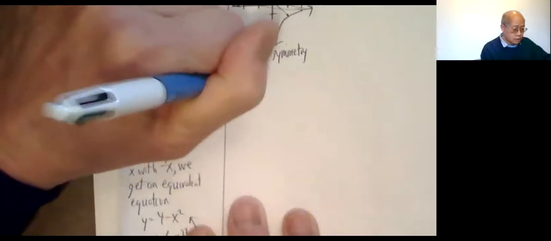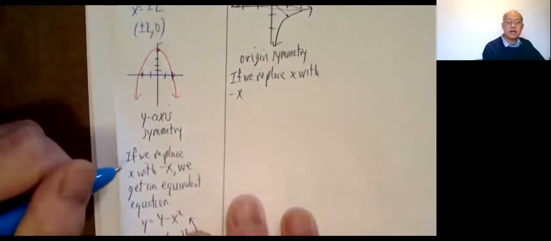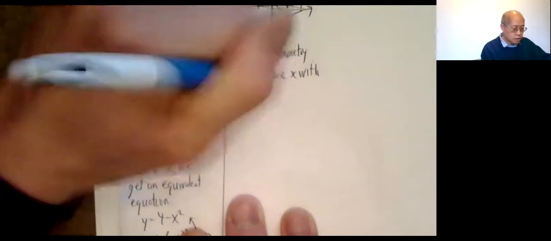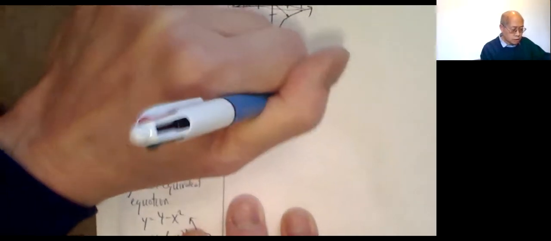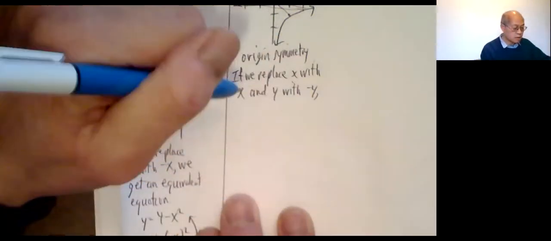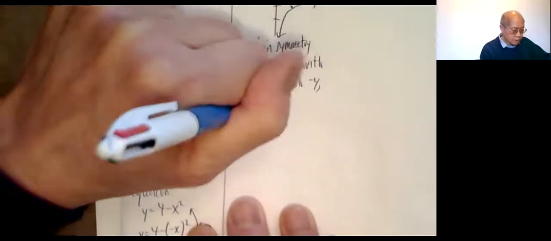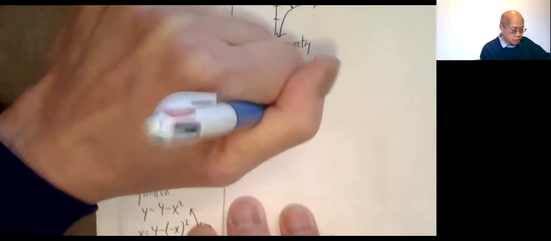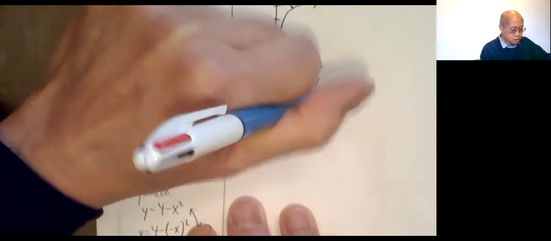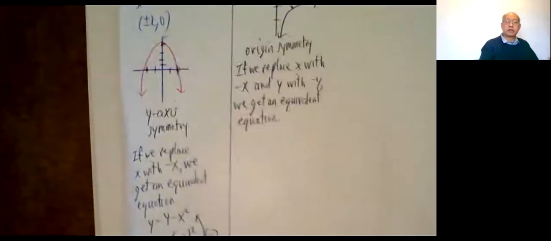So if we replace x with negative x and y with negative y, you have to do both of them, then we get an equivalent equation.